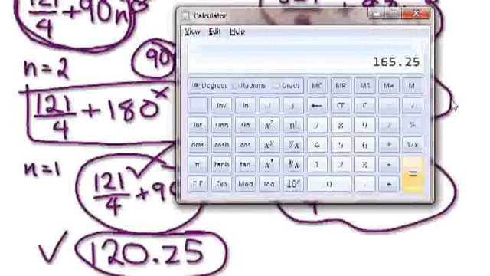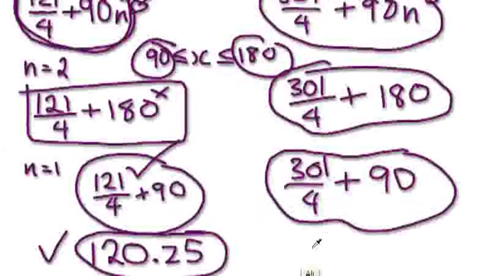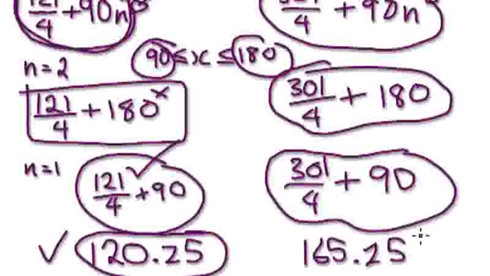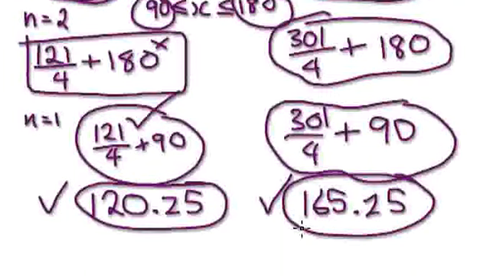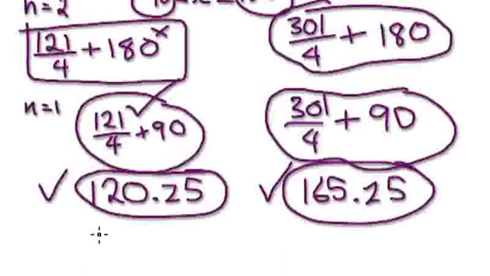Yeah, it's within our range. So 165.25. This is a solution within our range here. And then if I were you, I would check for n equals 1 and n equals 0 now, just to make sure there are no other solutions within our range. Yeah, so you can check that for yourself.